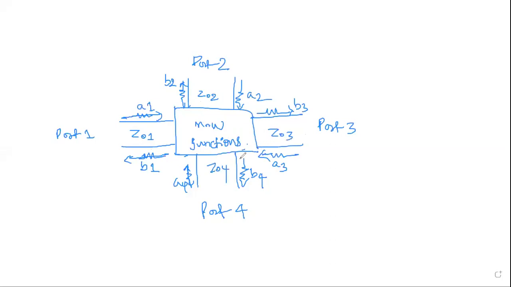Again here some are entering, some are going out of port 4. All these mismatches, entering as well as reflecting, are mainly because of the impedance you have taken, that is Z01. Because of the wave impedance of the junction, you will have this mismatch between the ports.